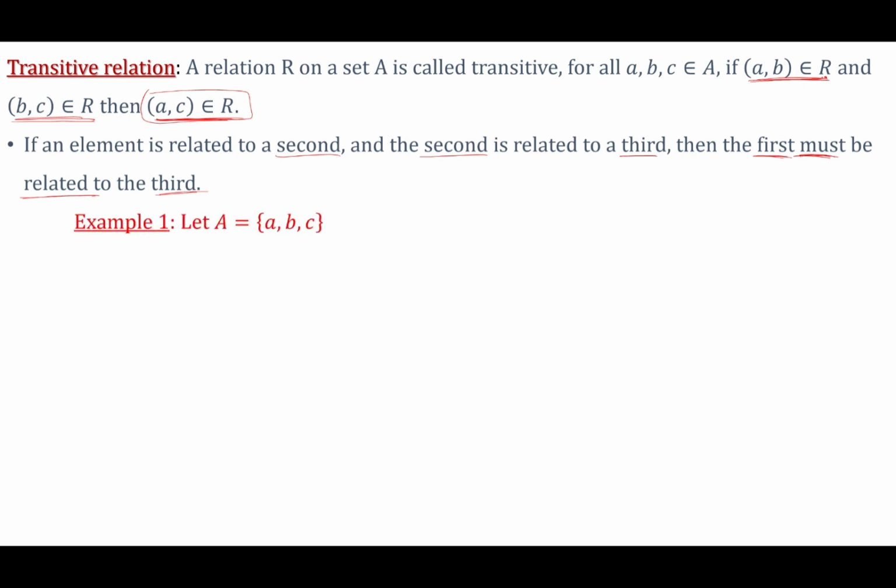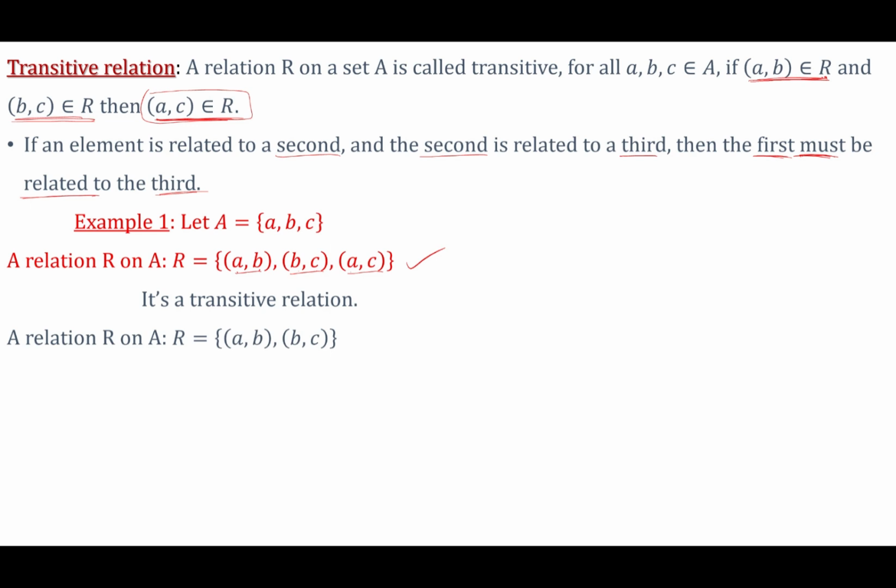Now, let us have an example. I have a set A, B, C. Then a relation R equals (a, b), (b, c) and (a, c). So it is a transitive relation. A few more examples.